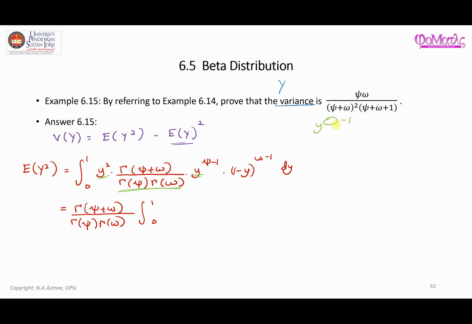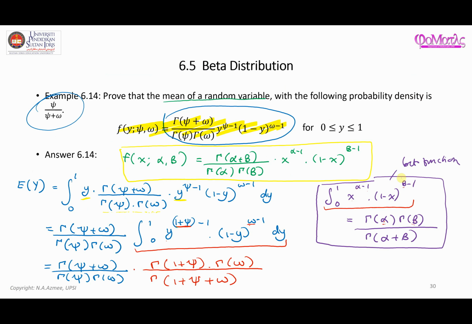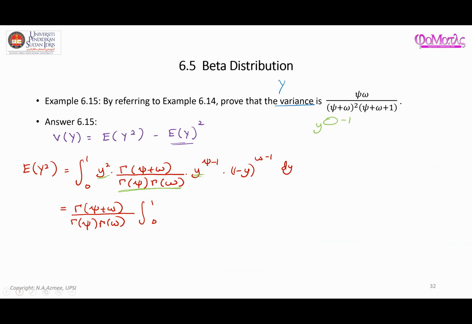I just want to write it in terms of that because I want to be able to use the beta function. I'm going to be able to apply the result here directly. So I want to be able to write the exponent here in terms of something minus 1, so that it looks similar to alpha minus 1 that is given by this idea of the beta function. So that is my objective, that is my aim.